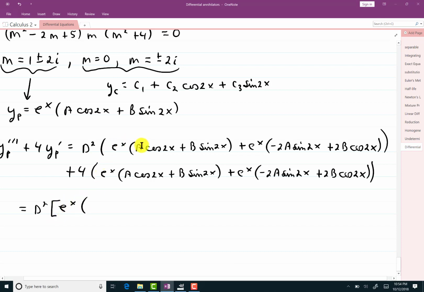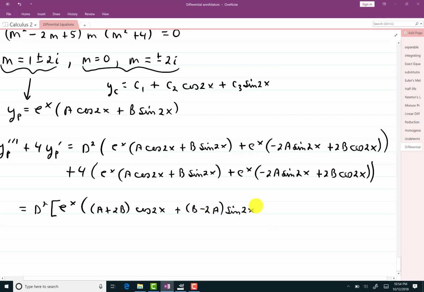I have an a cosine of 2x, and then I have plus 2b cosine of 2x. Let me put those together. A plus 2b cosine of 2x. And then for the sine part, I have b minus 2a. And that's times sine of 2x.